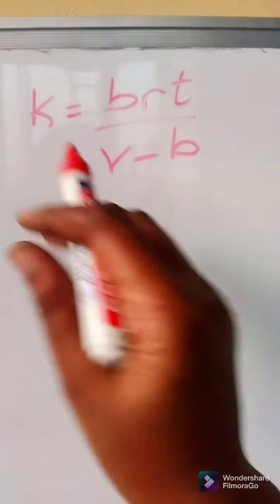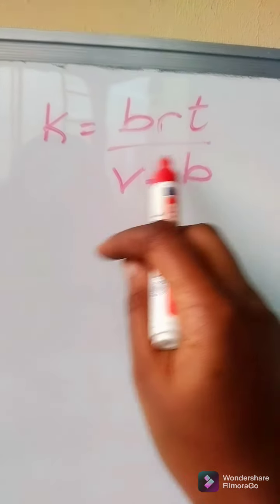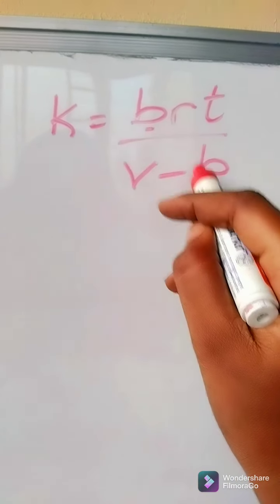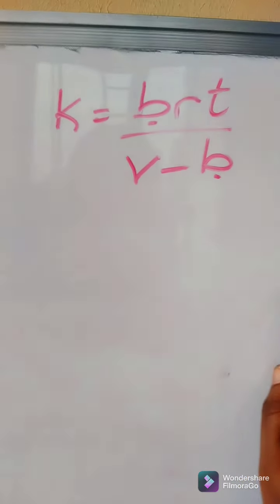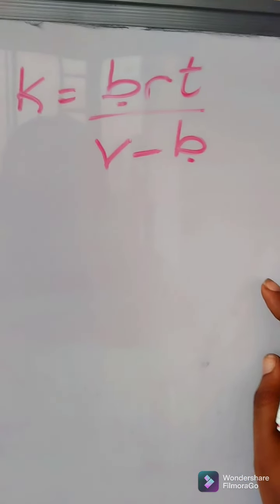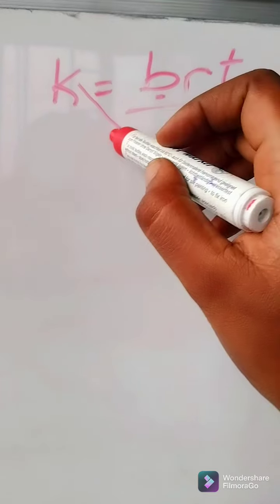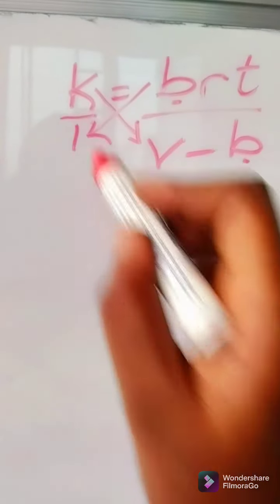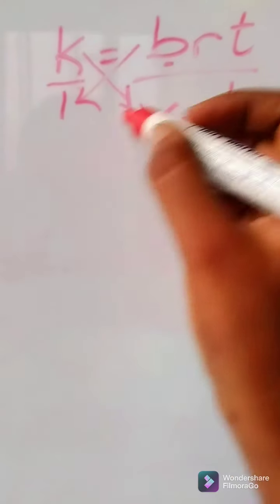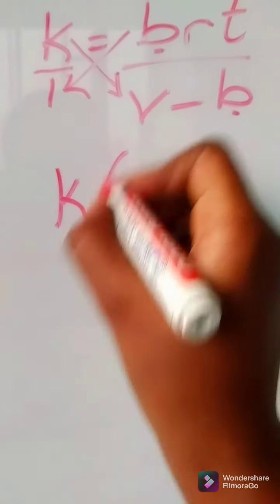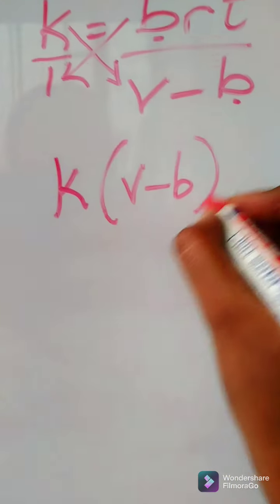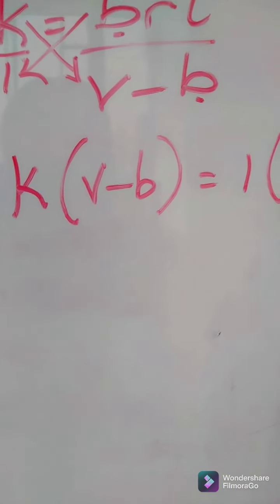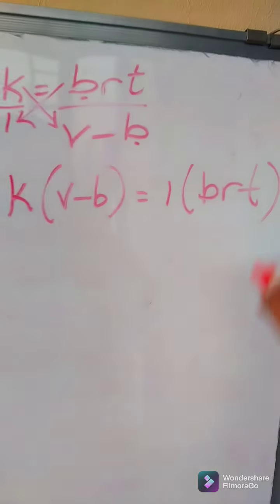So if we have this function k is equal to b r t all over v minus b, make b the subject of the formula. So we're going to cross multiply. Now we assume this is k over 1. So what do we have? We have k times v minus b equal to 1 times b r t.